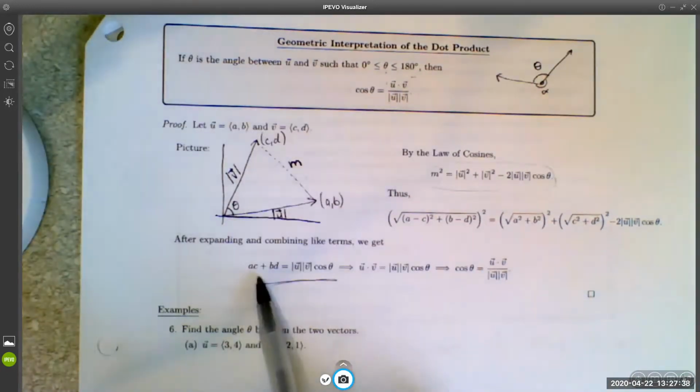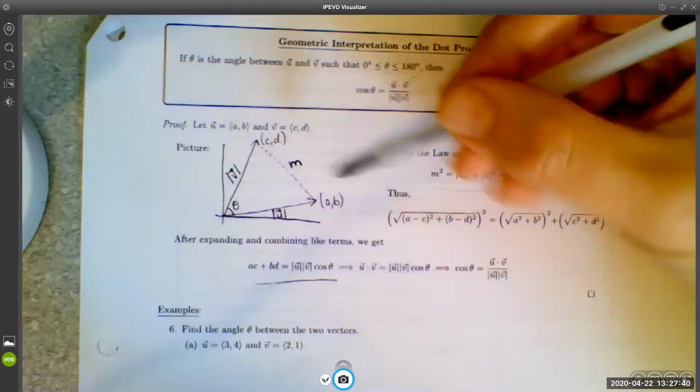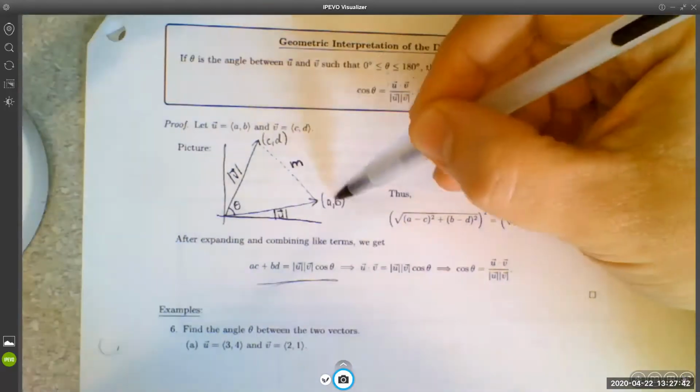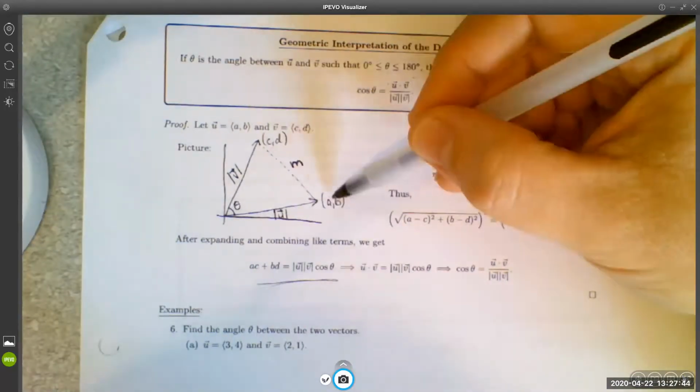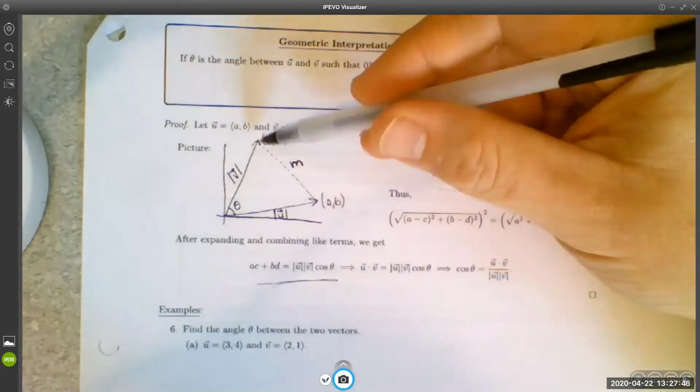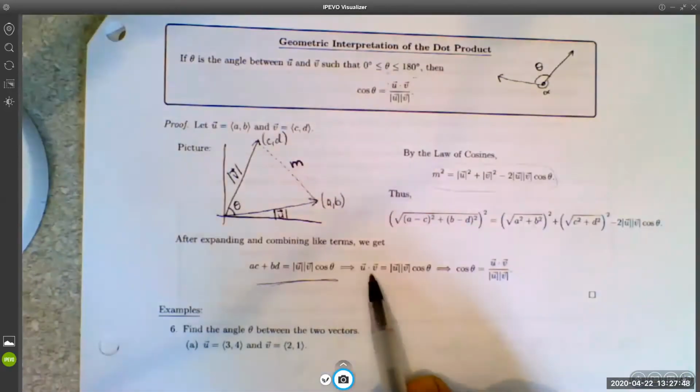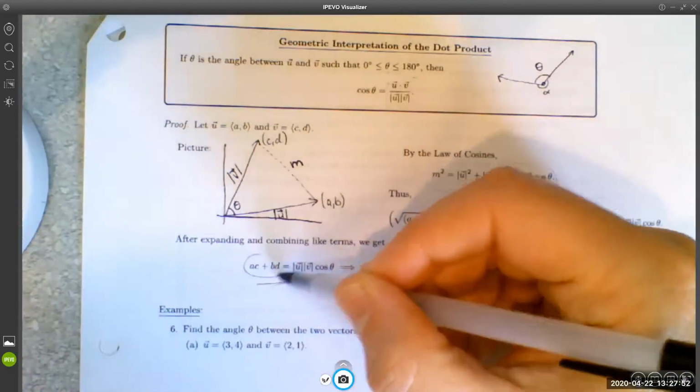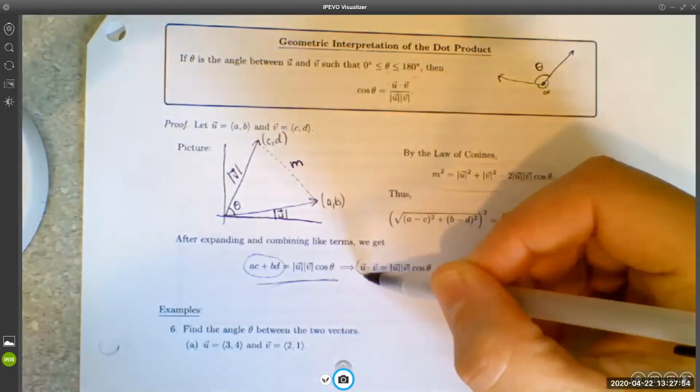A times C plus B times D, well, that's just u dot v. That's just the dot product of u and v.